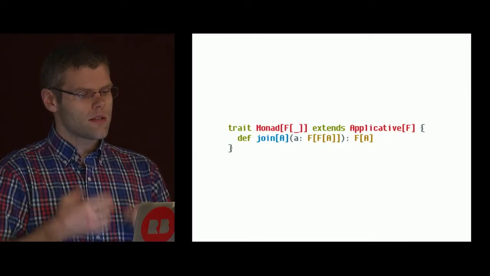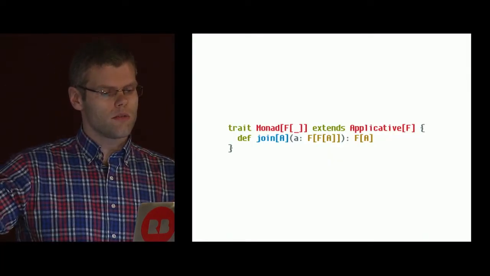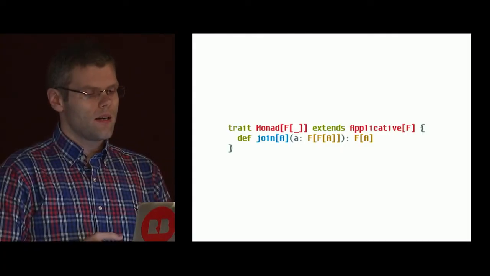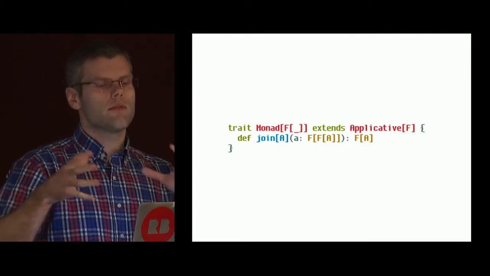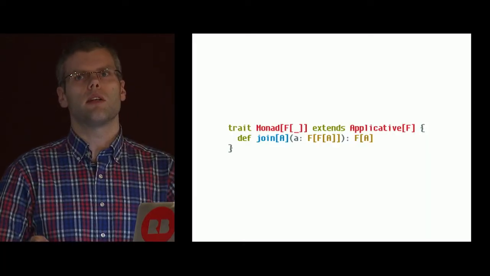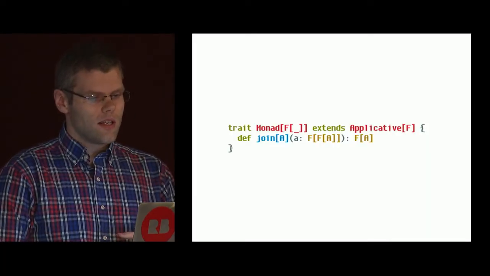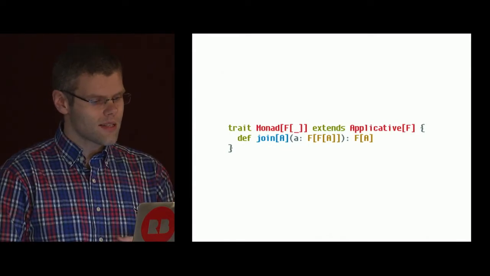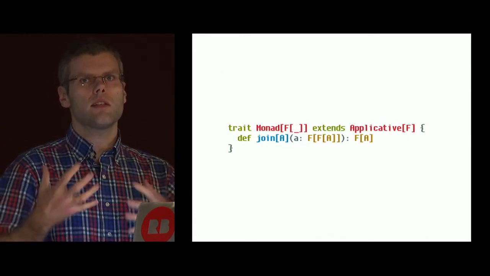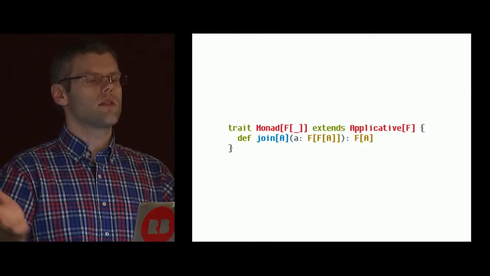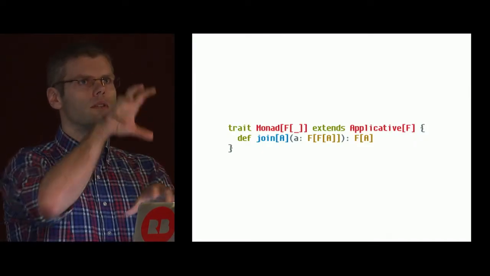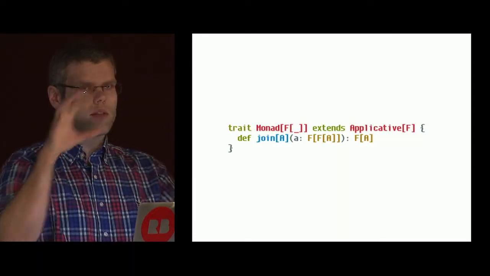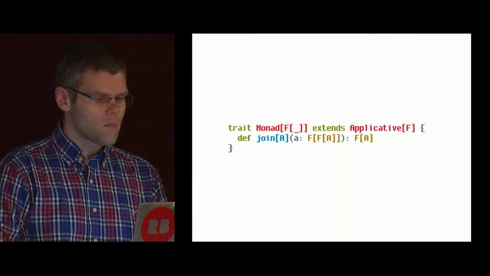So a monad is an applicative functor that has this additional method join, where if we have a nested f, like an f of f of A, then we can turn that into an f of A. For example, I'm going to go on with the lists. If you have a nested list of lists, then you can concatenate all those lists into a single list. If you have a tree of trees, you can graft all the trees into the nodes of the tree, and you have a flatter tree.